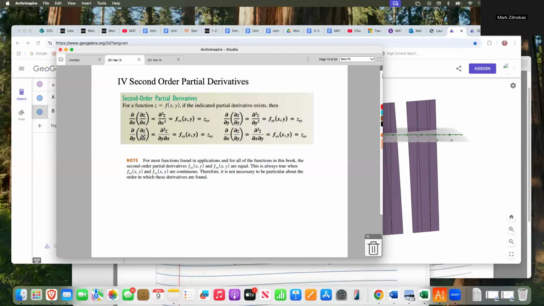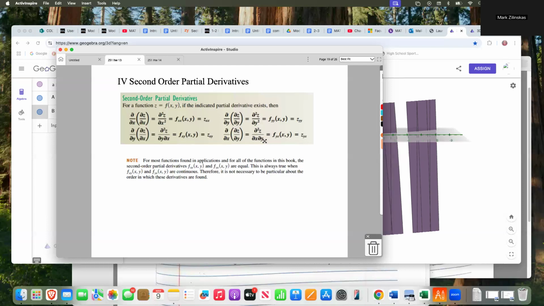We take the partial with respect to x first, and then y. But over here they're writing that as xy, so the y is on the right-hand side, and that can be confusing. But again, this is the mixed partial, first with respect to x, then with respect to y.